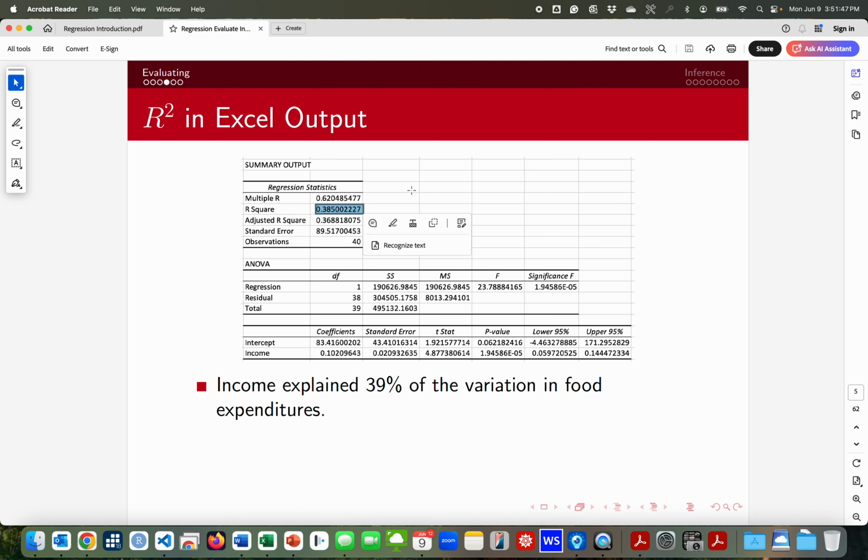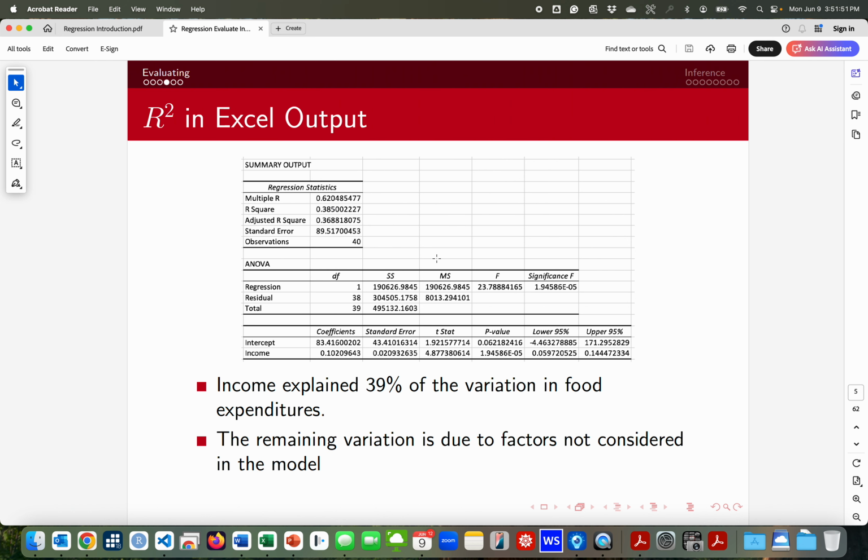So if 39% of the variation in food expenditure is explained, the remaining variation is unexplained. So 61% of the variation in food expenditure would be explained by something other than income. So how old the household members are, how many household members there are, where the household is located, the employment status of the household, do they have any dietary restrictions?